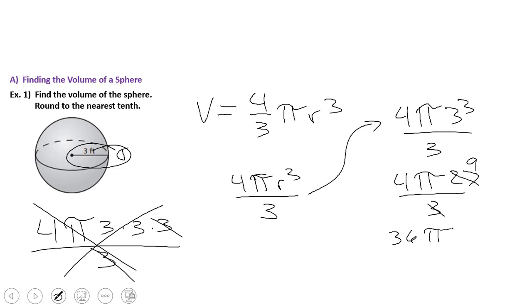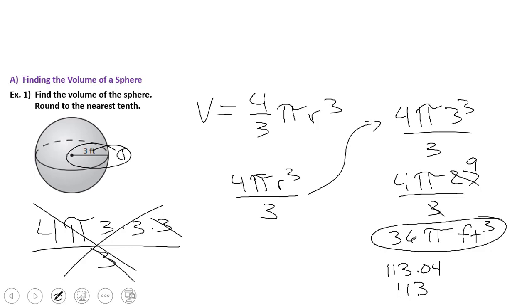And of course it would be feet. And we're talking volume, so it is cubed. So in terms of pi, that's what you would get. But if you took 36 and multiplied by 3.14, you would get 113.04, which basically is 113 feet cubed for the volume of that sphere with a radius of 3 feet.